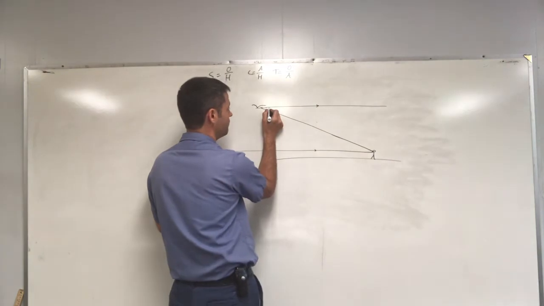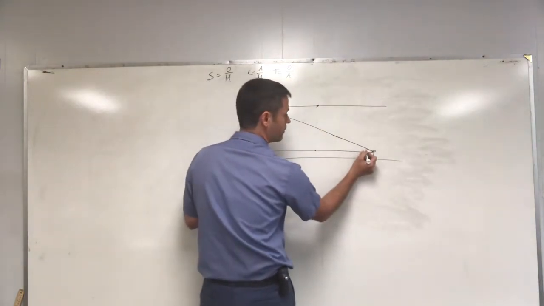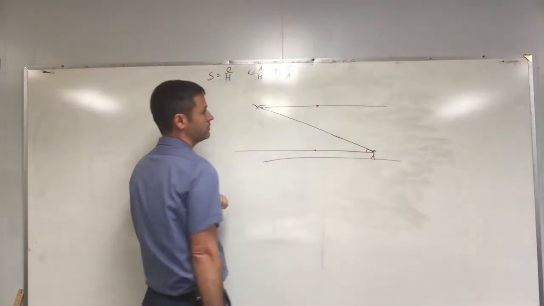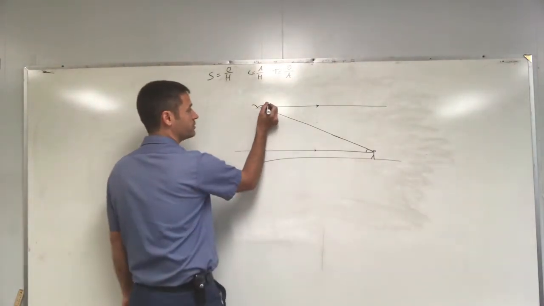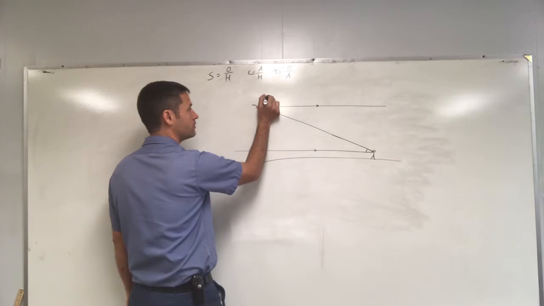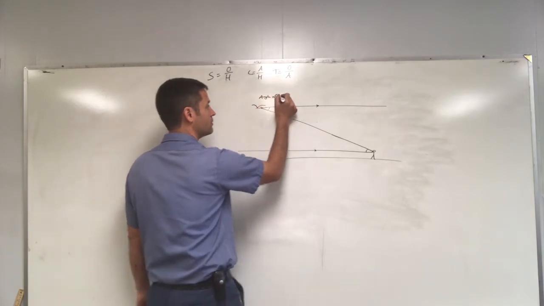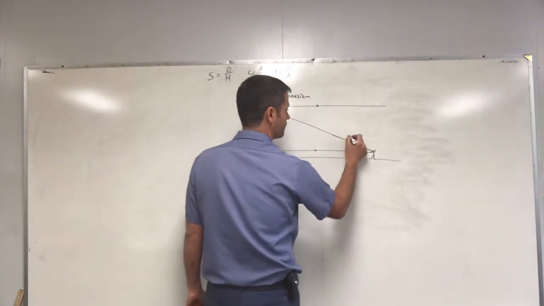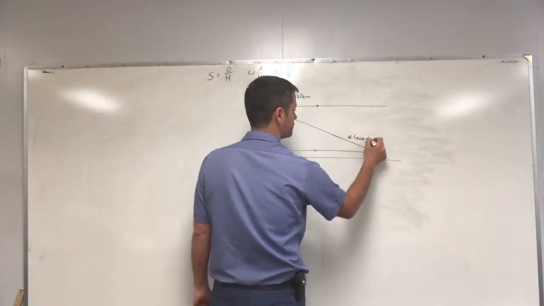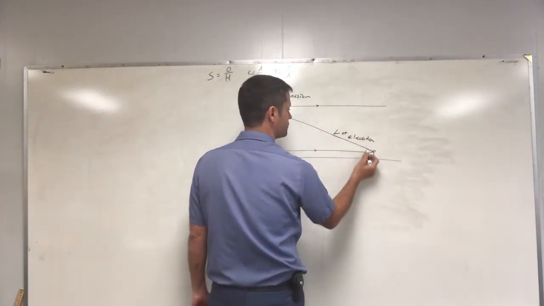Here's an angle and here's an angle. They are alternate interior angles, transversals and so on, parallel lines. So the angle of depression is this one, and the angle of elevation is this one.